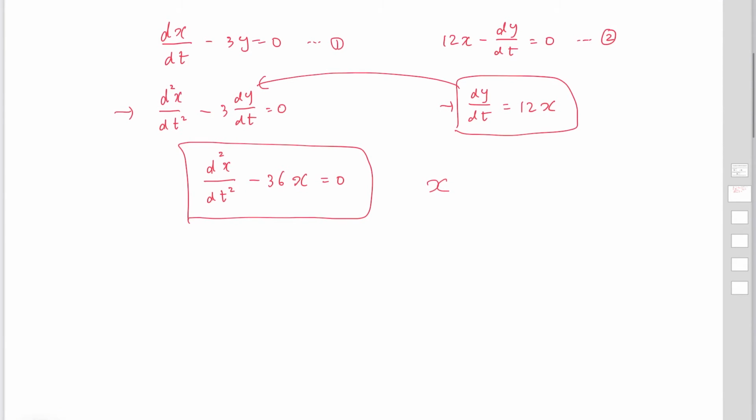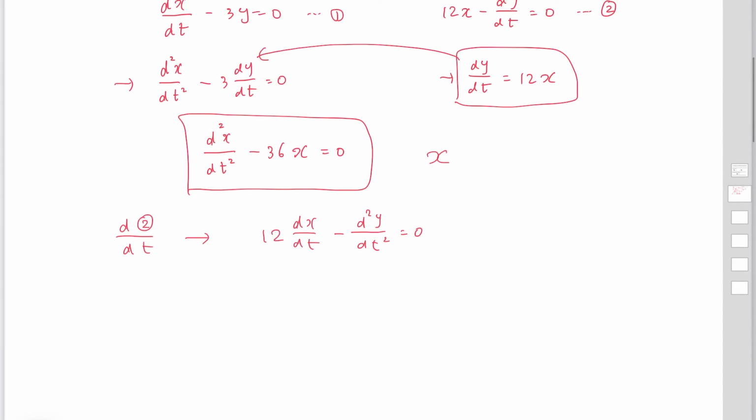In that case, we find the derivative of equation 2, d/dt of the second equation. From this, 12 dx/dt minus the second derivative of y with respect to t equals 0.